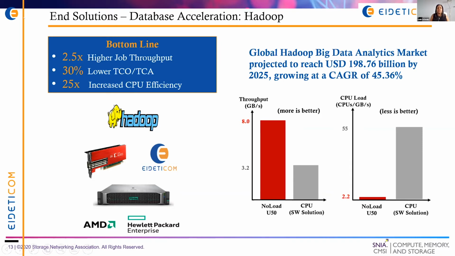So our throughput is a lot higher. As you can see here, it's over double. Your total cost of ownership, because of the way this is designed, is lowered by at least 30%. And so for your overall CPU efficiency, you gain about 25% of your host CPU back because you allow somebody else to do this.